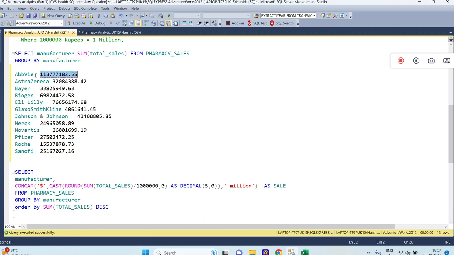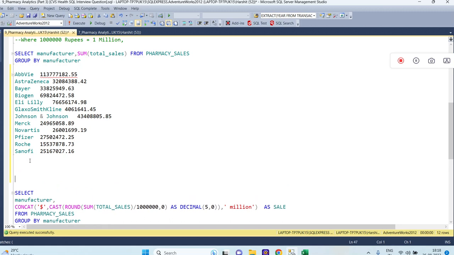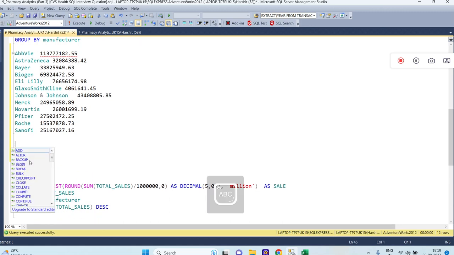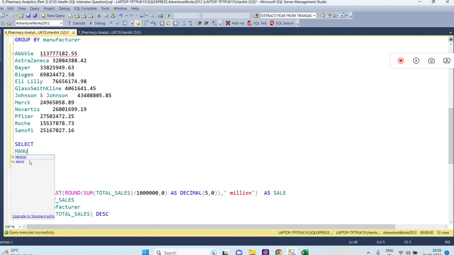We want like 113.77 or 78, then 32 million, then 33 million, like that we want the result. So now let me write this query in small parts.